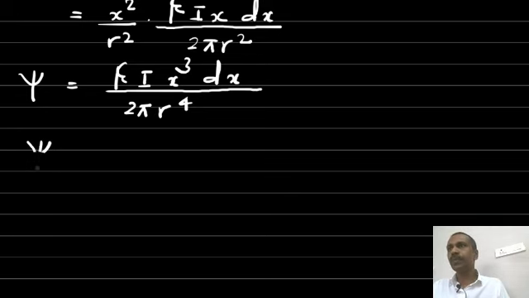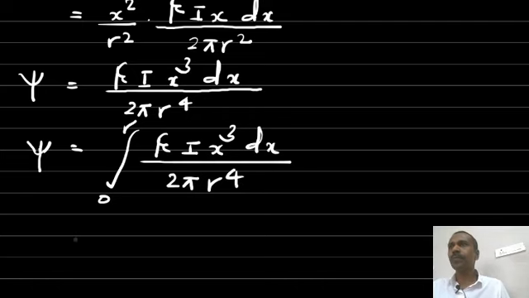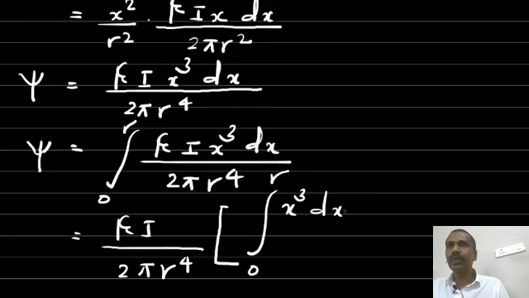Psi is equal to the total flux linkage, which is equal to the integral from 0 to r of mu I x cube dx divided by 2 pi r raised to 4, which is equal to mu I divided by 2 pi r raised to 4, these are all the constants, into the integral from 0 to r of x cube dx.